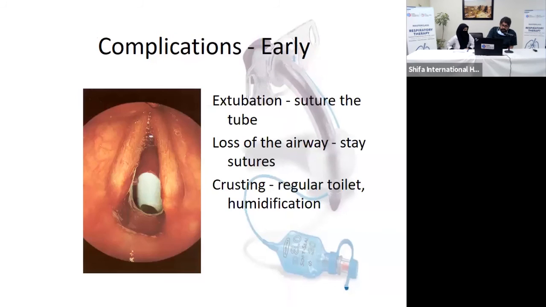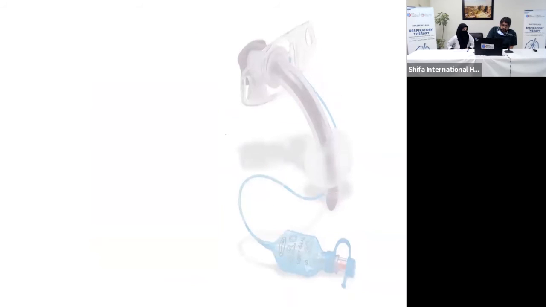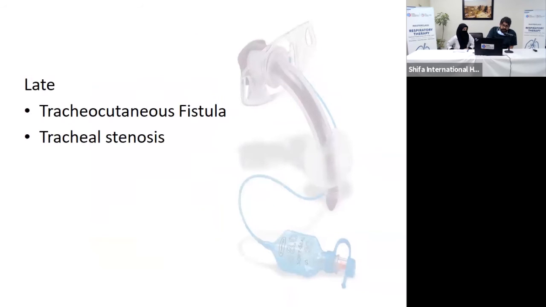So you have to be careful with these. The tube can come out. It can dislodge. You can have crusting, granulation around the tubes. As I said, you can end up with stenosis. Can have fistula. I've seen fistulas and tracheal stenosis after tracheostomies as well, which then becomes another problem to sort out.